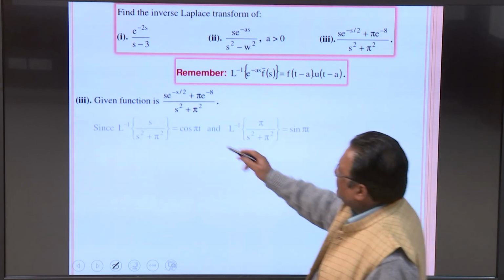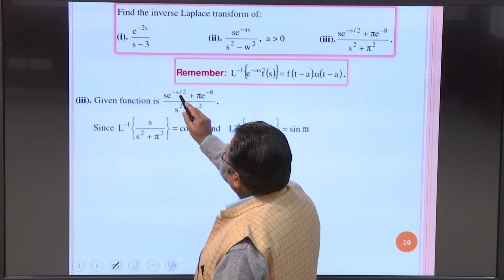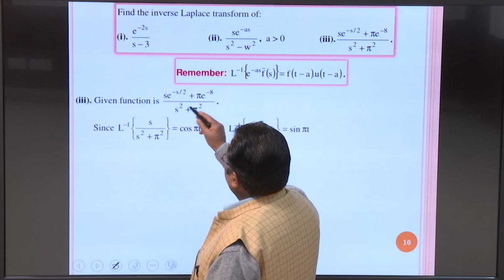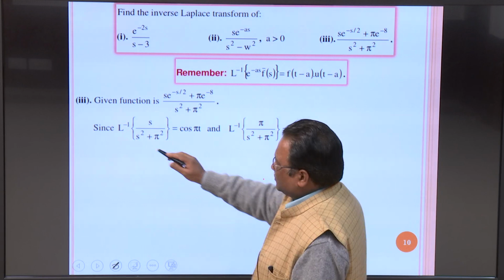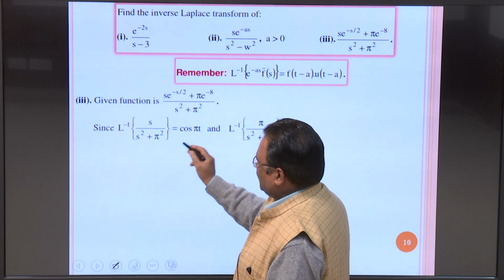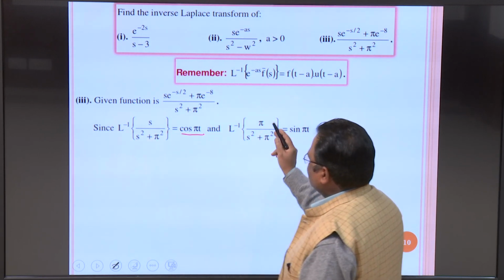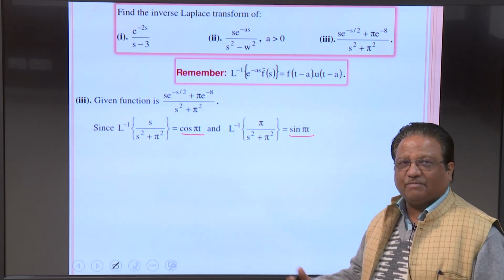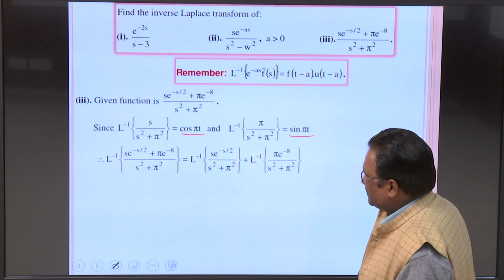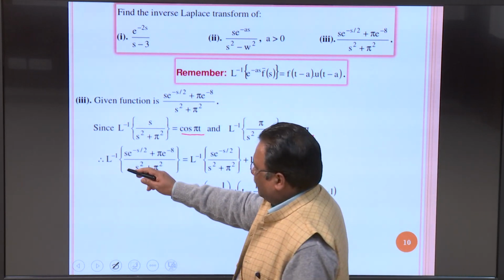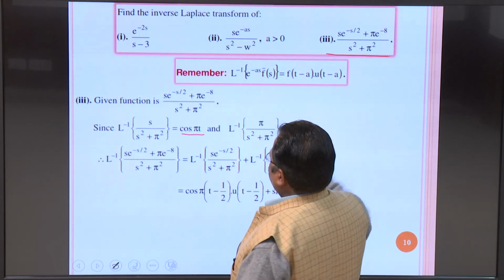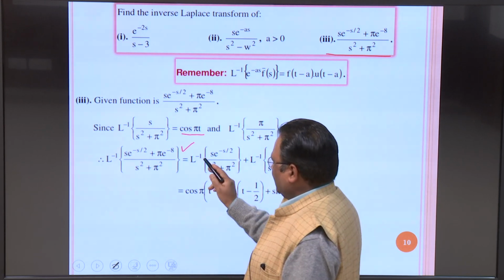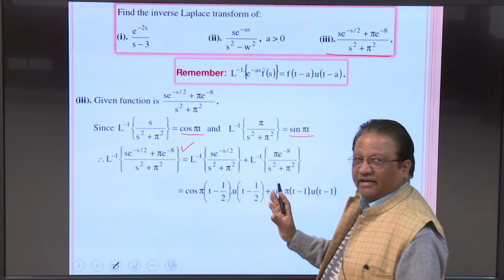Similarly, the third one is s e raised to power minus s by 2 plus pi e raised to power minus s divided by s square plus pi square. So since L inverse of s over s square plus pi square is cos pi t, and L inverse of pi over s square plus pi square is sin pi t. You know the inverse Laplace transforms of these two standard functions. Okay. Now calculate. Therefore, the inverse Laplace transform of this function is equal to L inverse divided into 2 parts.